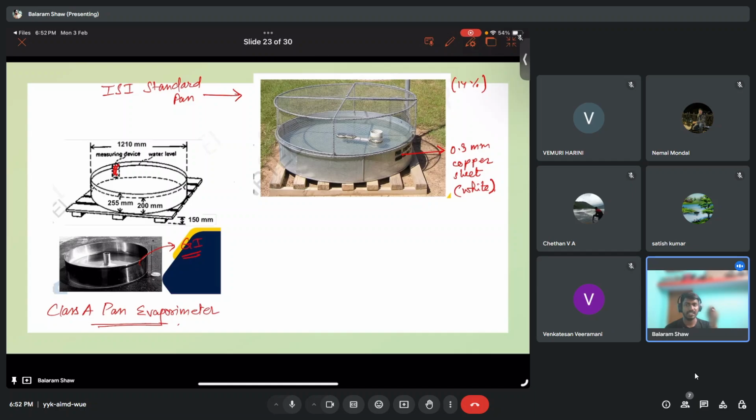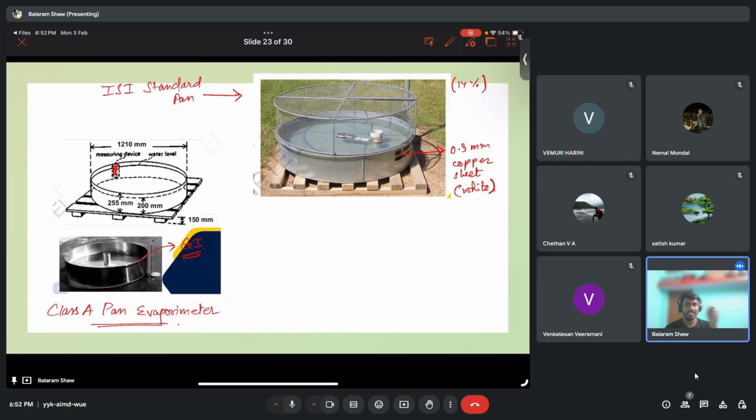Then the heat characteristics of the pan material, because the pan material is not very similar to what is there in the water bodies. We don't have any steel structures or GI sheets in the water bodies, right? So the heat characteristic will be different.